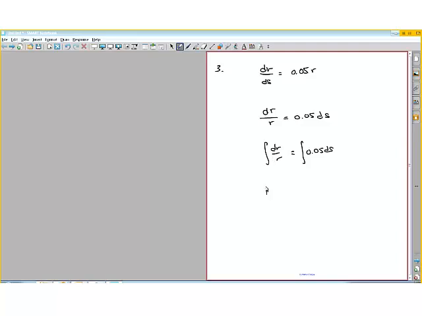The integral of dr over r is the natural log of the absolute value of r. The integral of ds is just s. And we add our arbitrary constant c at that point.